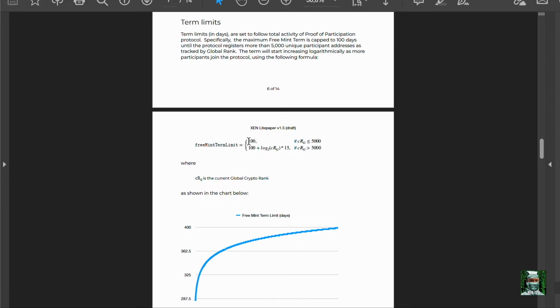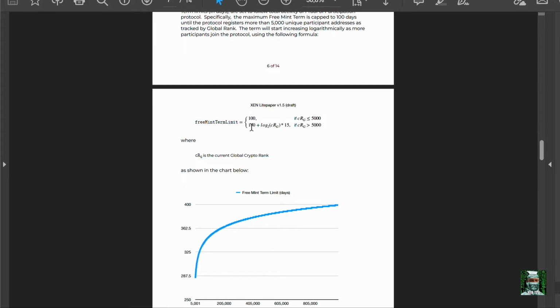It's going to be initially 100 up to 5,000 interacting global addresses, so that's the global rank right here. Then after 5,000 addresses have interacted with the protocol, it's going to follow this formula instead. So it's going to be 100 plus the second logarithmic of the global rank times 15.